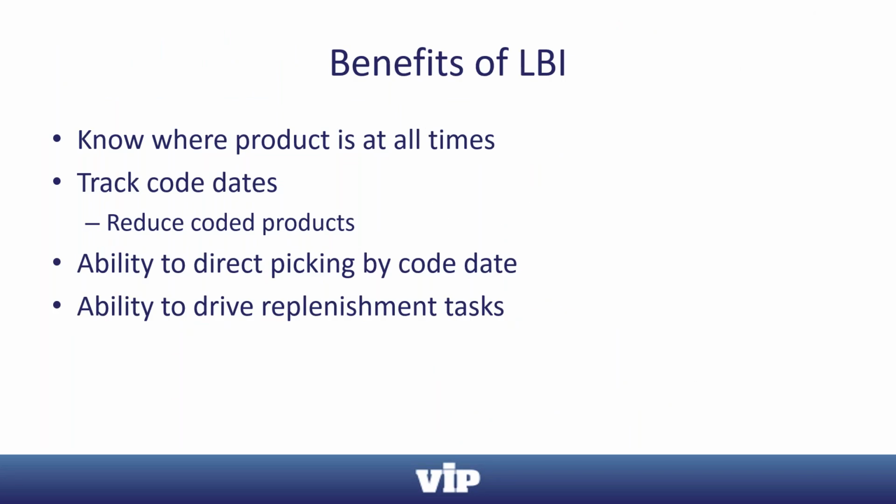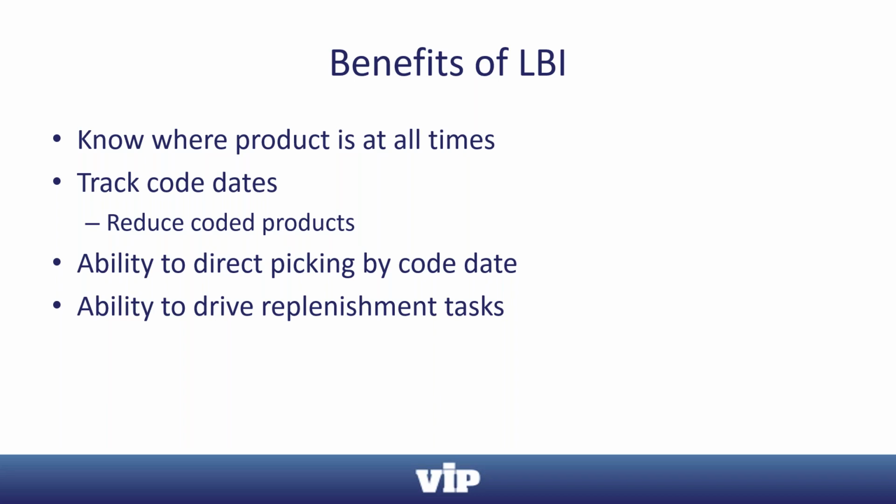So now that you're more familiar with really what is WMS, let's talk a little bit about LBI in general. The idea of using this part of the system, this advanced piece of inventory, gives you a lot of capabilities. You basically get to see where your product is in the warehouse at all times. You can also obviously track the code dates of this product. Hopefully that allows you to basically manipulate what you have in and out, so you're making sure that you're getting the oldest code dates out the door in time to your retailers.